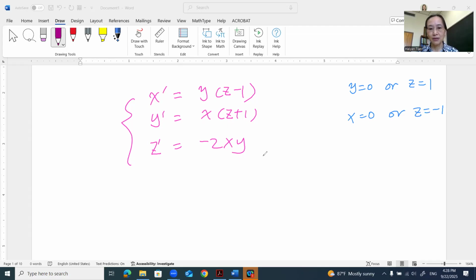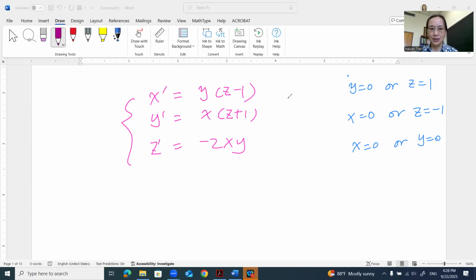And for the third equation, because we are looking for constant solutions, the derivative terms become 0, so it's very easy to solve for an autonomous system. So x is 0 or y is 0 from the third equation. So we found some conditions for our solutions.